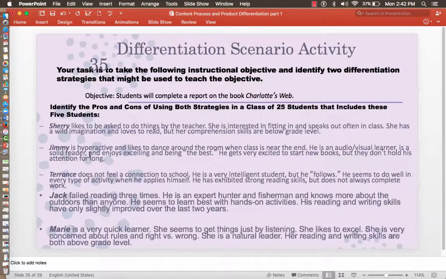And he's a pretty good reader and really enjoys excelling, but he tends to get distracted very easily. So I want you to read through these, and each student that you're going to be having to differentiate for is a little bit different, and so that's why I put this one in there.